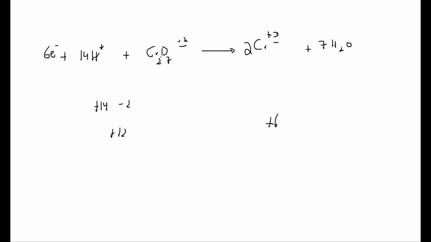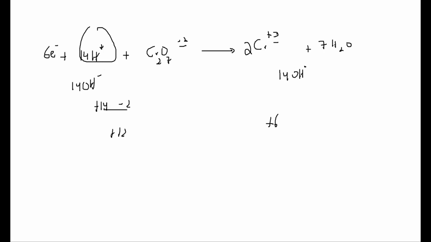If I want to balance in alkaline medium, what will I do? I will add OH. How many OH will I add? The same number as protons, both sides. Because there were 14 protons, I will add 14 OH ions.